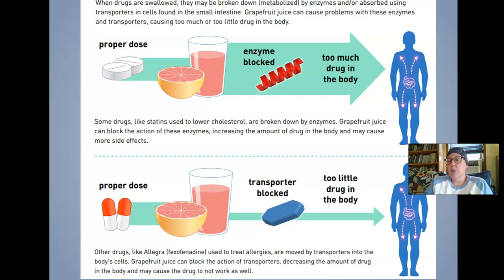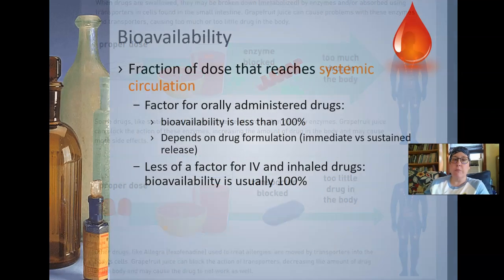Anyway, this is something that's super important to know, and that's why sometimes there are recommendations to not use grapefruit juice. Now, the funny thing is, you could take orange juice. Orange juice would be fine. It's just that there are some components of grapefruit juice that interfere with drug absorption.